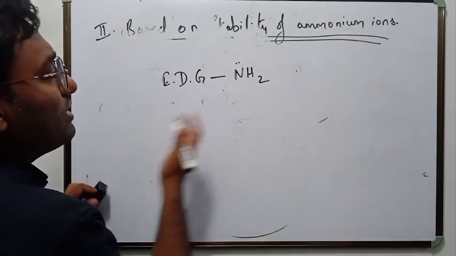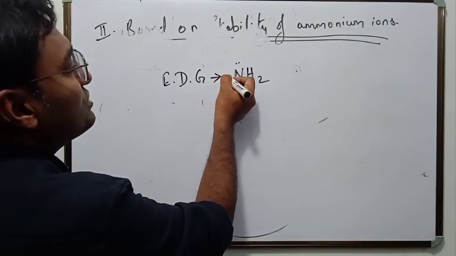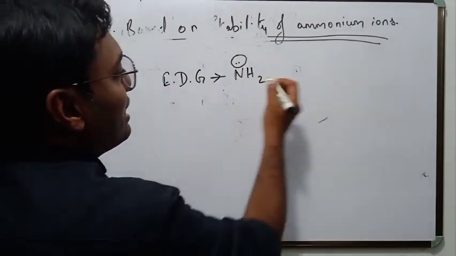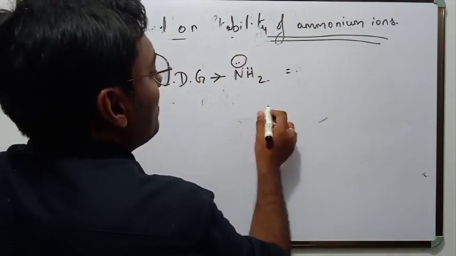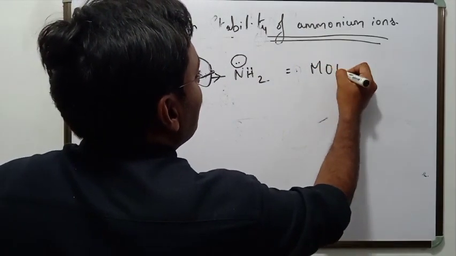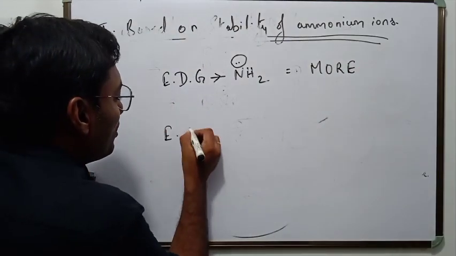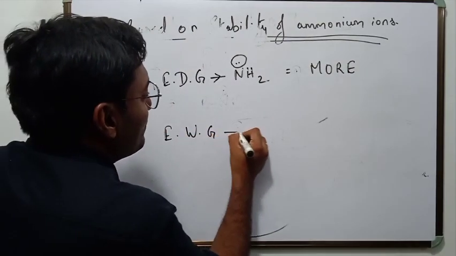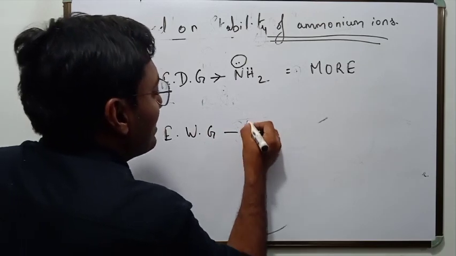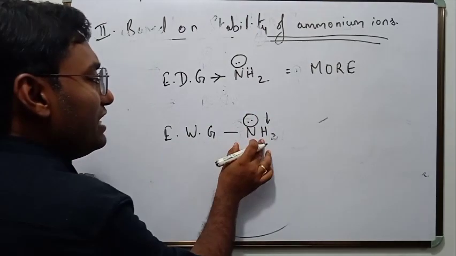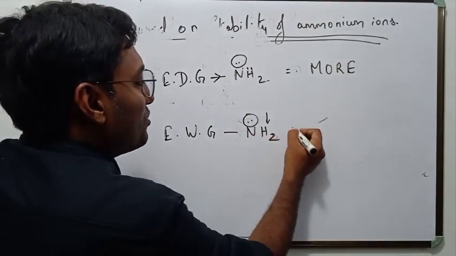It would of course increase the availability of the lone pair of electrons, and that would result in amines becoming more basic, right? And if an electron withdrawing group is present, what would happen? That would decrease the availability of electrons on nitrogen, and because of this it would be less basic.